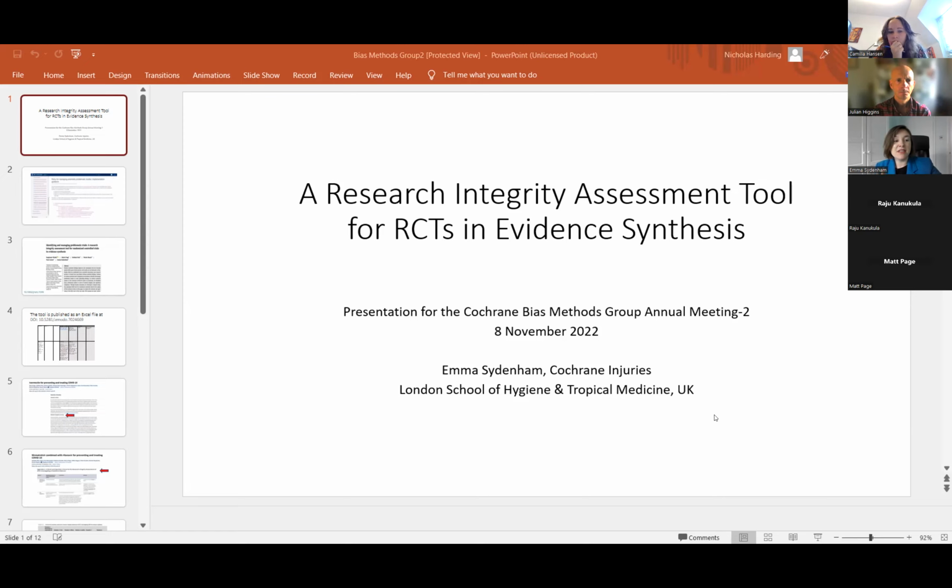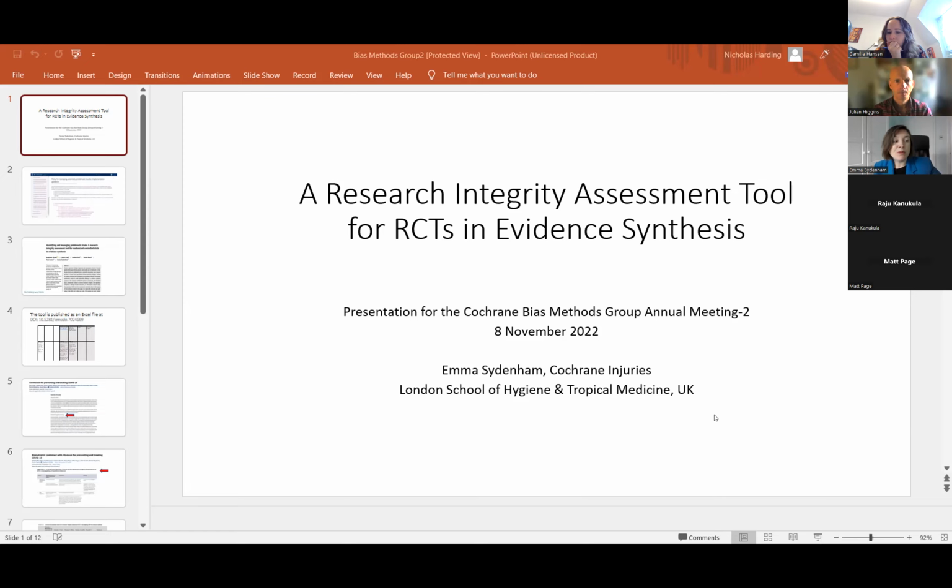It's a research integrity assessment tool, but it has multiple uses. So this presentation consists of screenshots of referenced materials from the publication describing the tool.